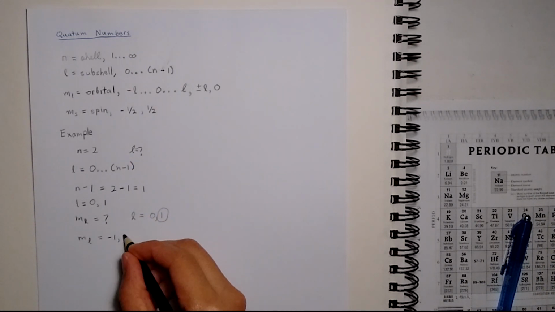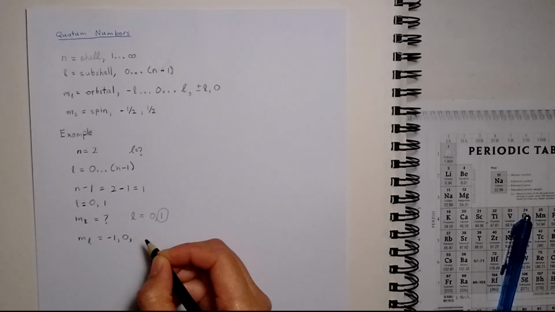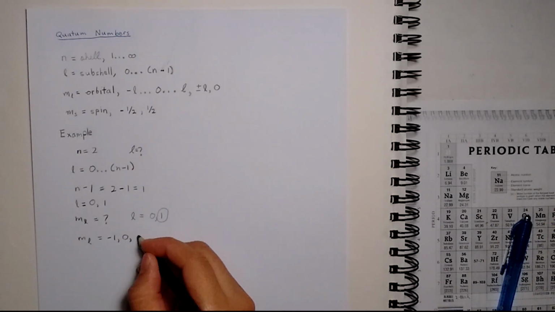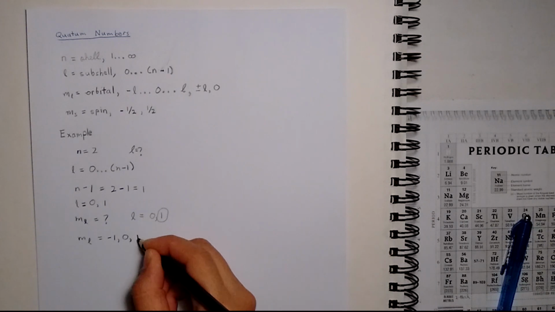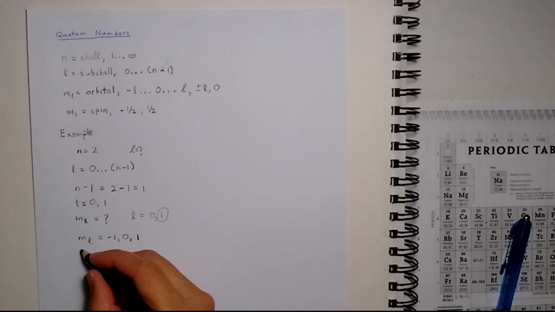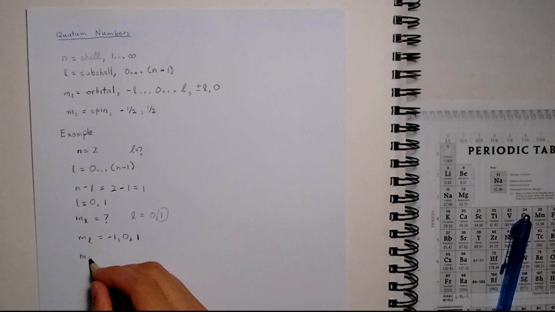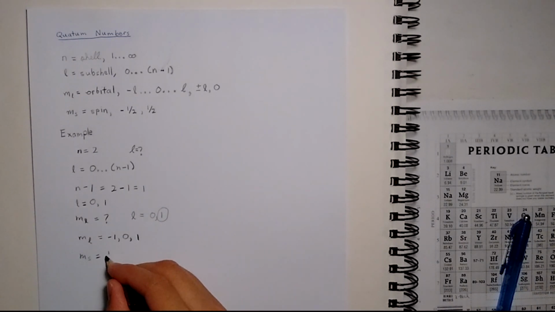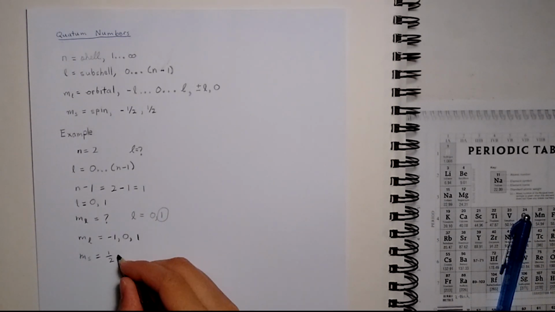So we have a negative 1, the negative form of 1, and we have to go through 0, according to the rules. And so we write 0, and then we have positive L, which is just the L value we found, 1. We already included 0.